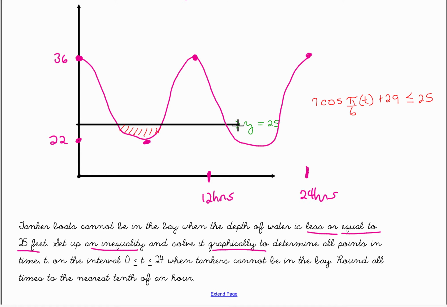We realize there is a certain time frame here when this tanker can't be in here. It's this time frame in here, and it's this time frame in here. All right, so now, how do I solve this? Well, just that, I solve it.